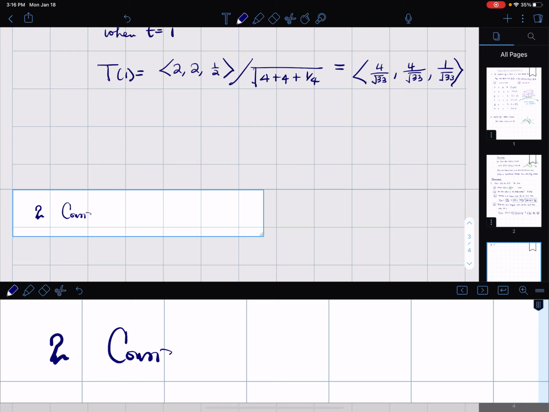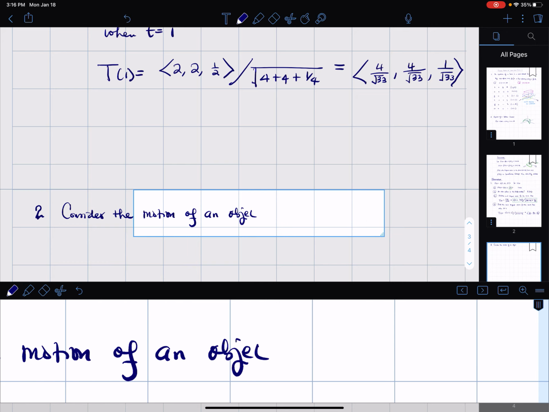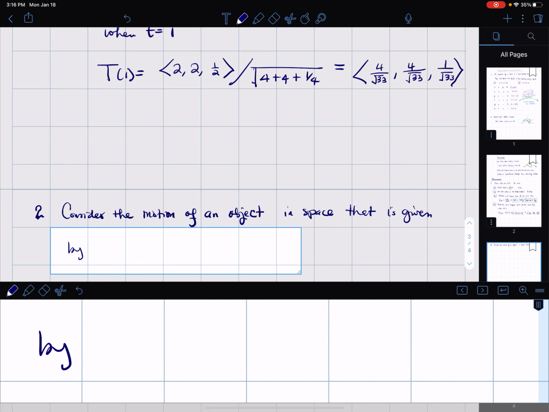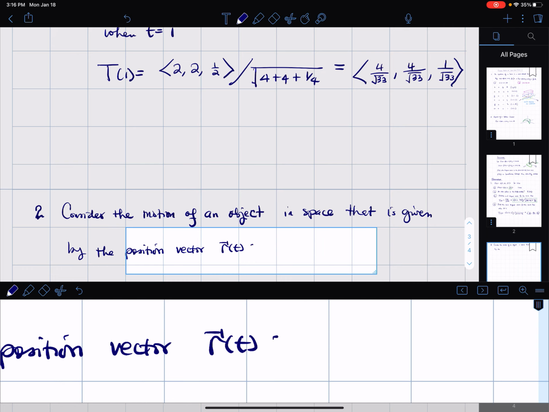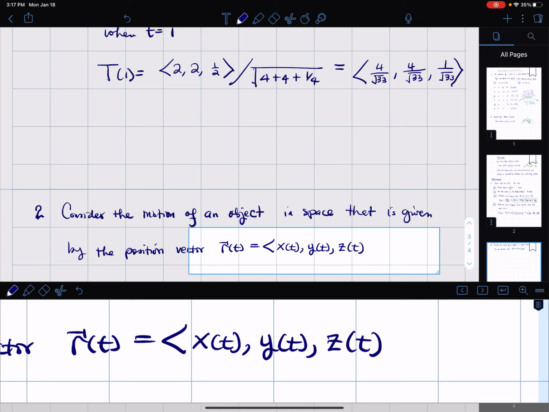Let's consider the motion of an object in space. And this motion is given by the position vector r of t, and it's x of t, y of t, z of t, right?